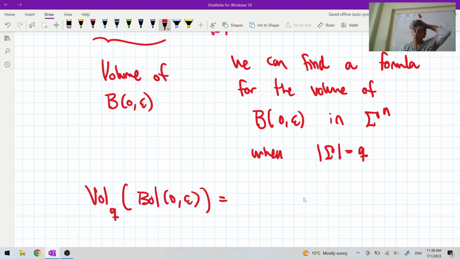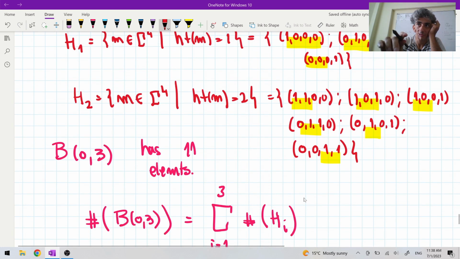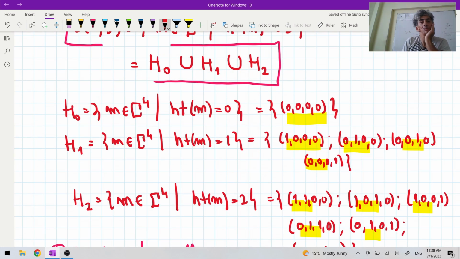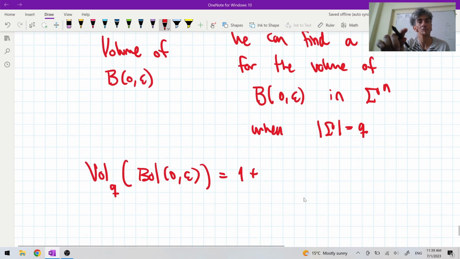We have the ones of height 0, which is only 0, and then you just need to know how many different elements each of these has. So first of all, for the ones of height 1, you need to choose a place in which to put one of the q minus 1 non-zero elements of the alphabet.